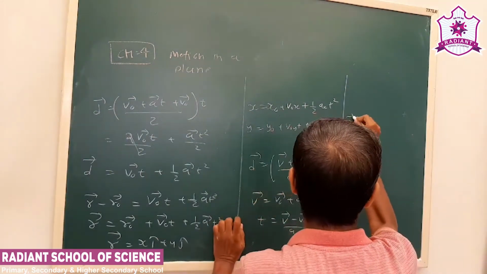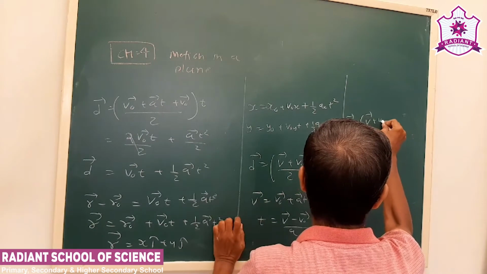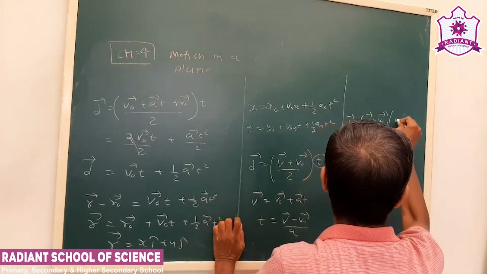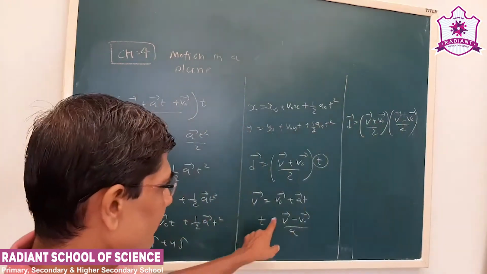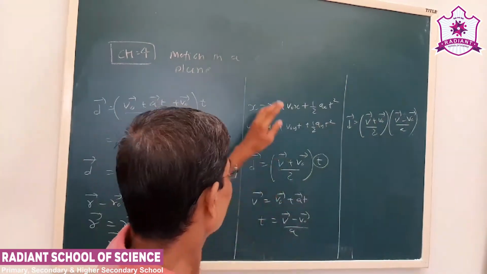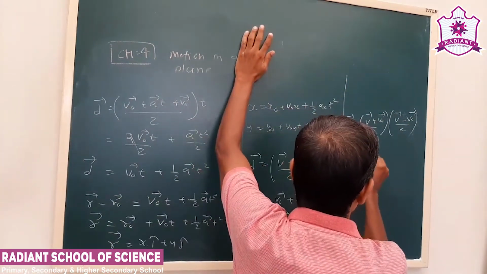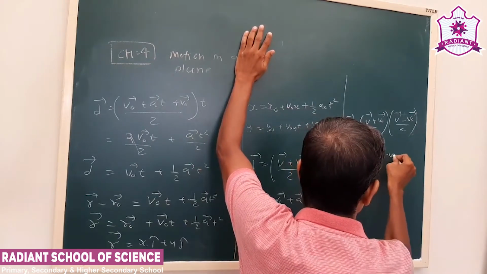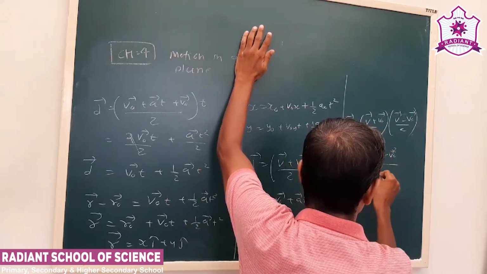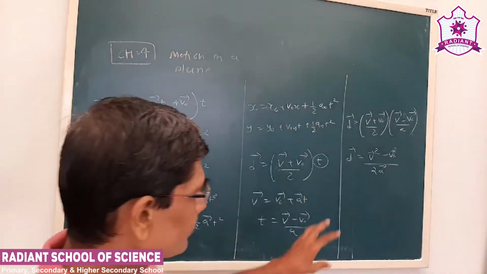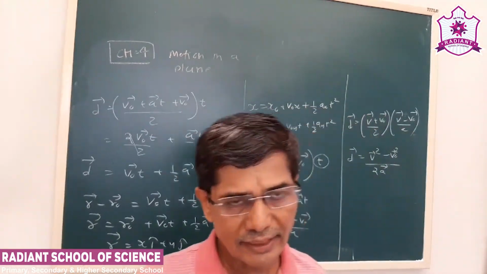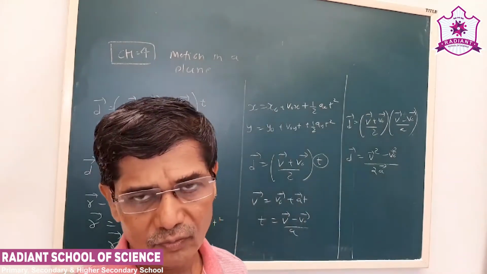This value I have substituted here, so the equation will become v square and so on. We derived a similar equation, but that was in one dimension and in scalar form.